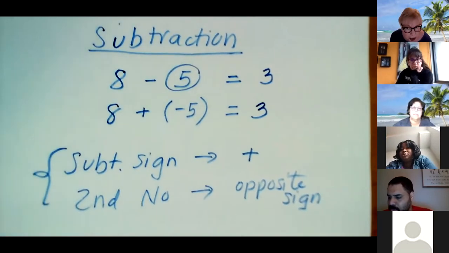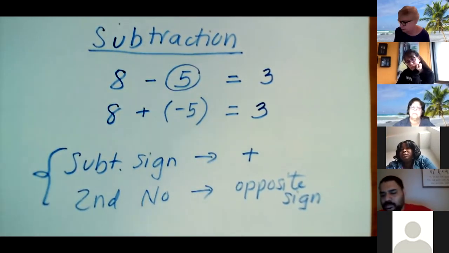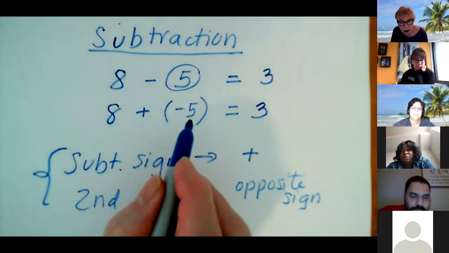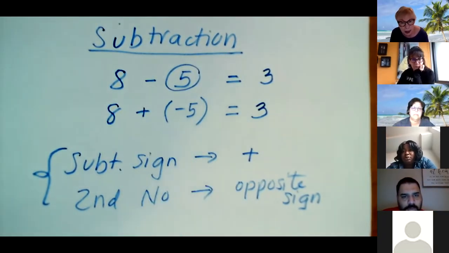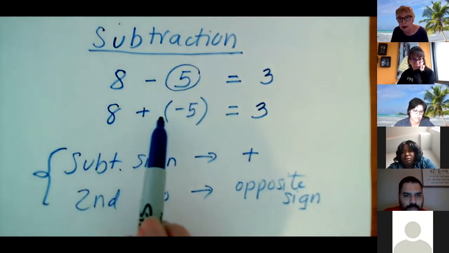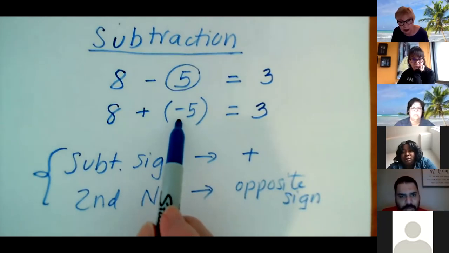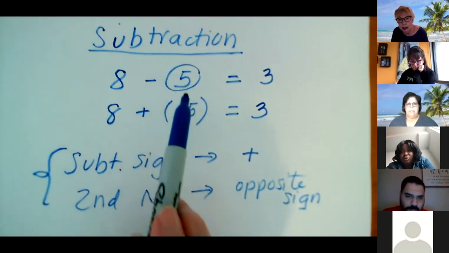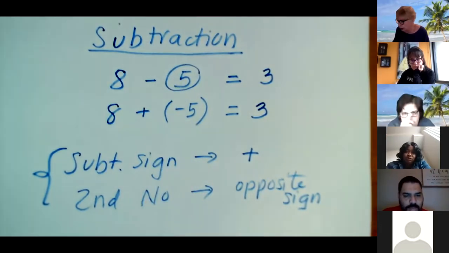This is the true definition of subtract. It's an 8 added to a -5, except in grade school, they can't teach it with positive and negative numbers because kids would go crazy. So they teach you to subtract. But this is what it really means, isn't it? We never change the first number. We change the second number to its opposite sign.